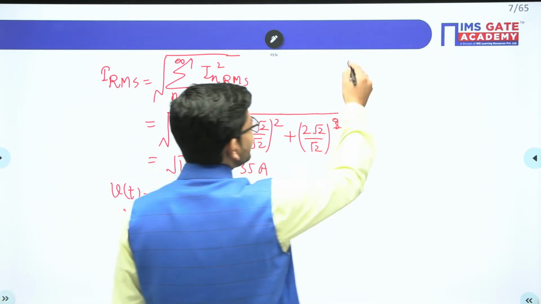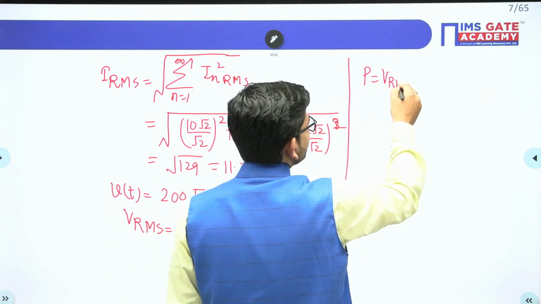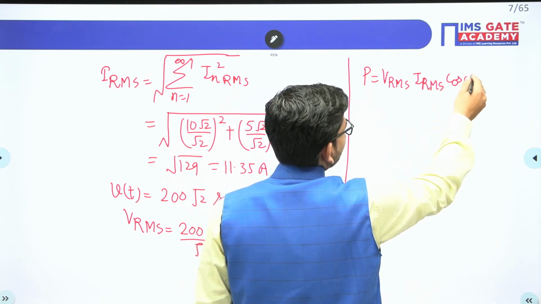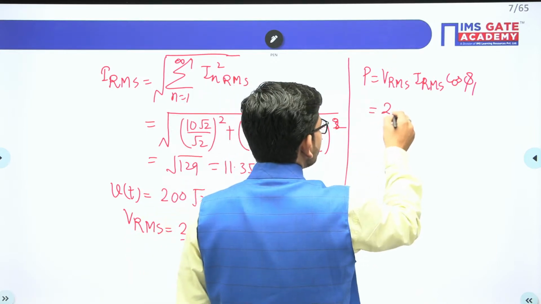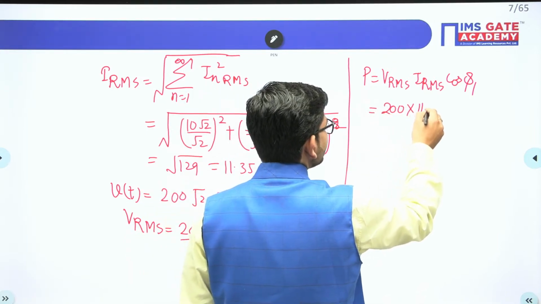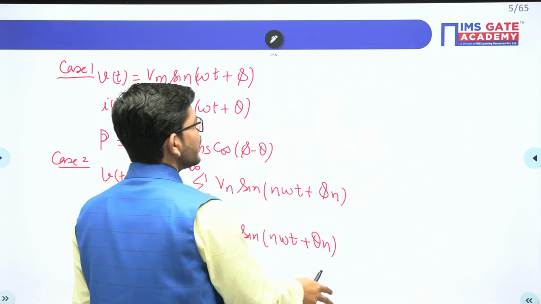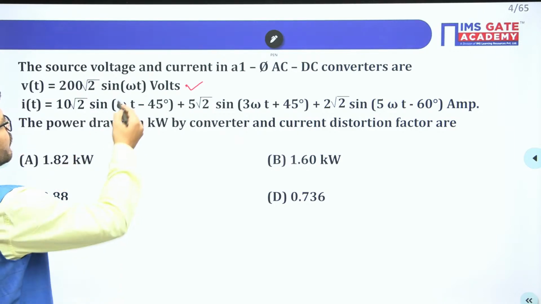So what will be the power here? We can calculate power by VRMS, IRMS and cos of phi 1. Okay. So VRMS is 200, IRMS is 11.35, and cos of phi 1. Phi 1 we can calculate by looking at the phase displacement between the fundamental components.